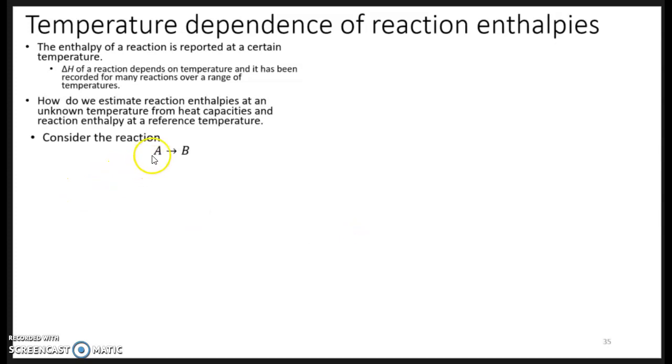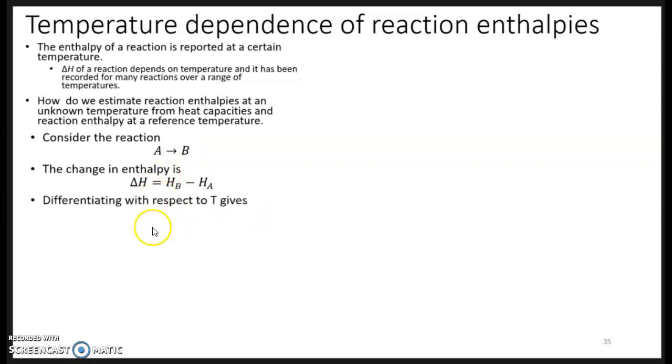So for example, let's look at a hypothetical reaction A going to B. The change in enthalpy for this reaction is enthalpy of B minus enthalpy of A, and we can obtain delta H using any method.